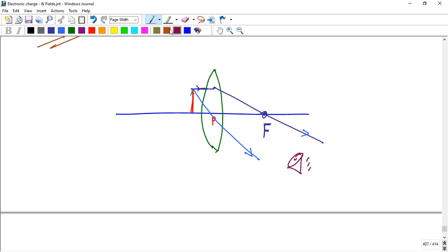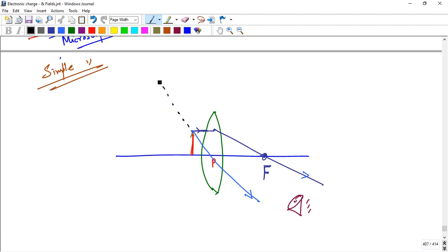So now if I draw a backward line, suppose these two rays are drawn backward, virtually.